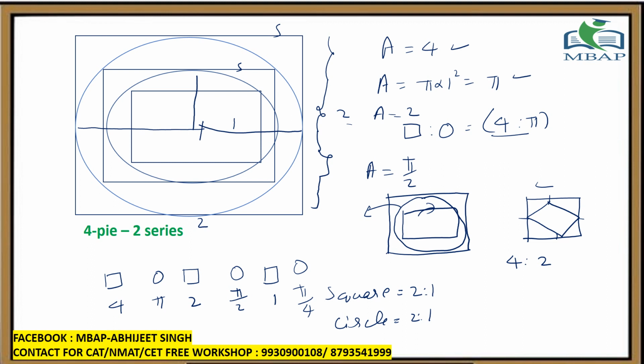All the possible circles within a circle will have a ratio of 2:1. And all the possible consecutive square to consecutive circle will have a ratio of 4 by pi. That's why I have named the series as 4 pi 2 series. So it's a series of 4 pi 2 series.